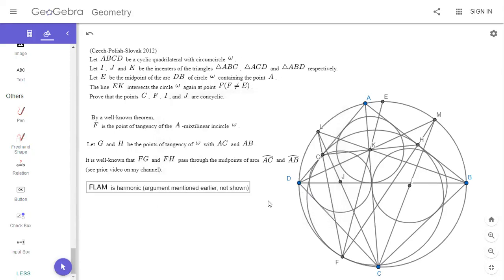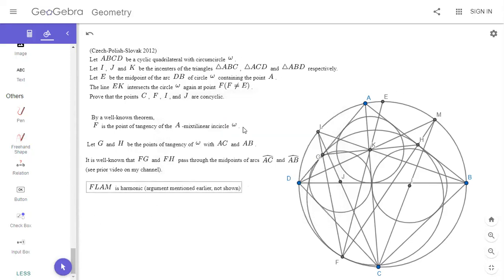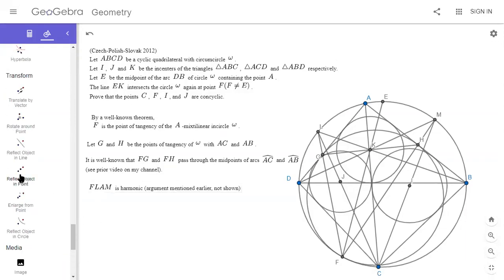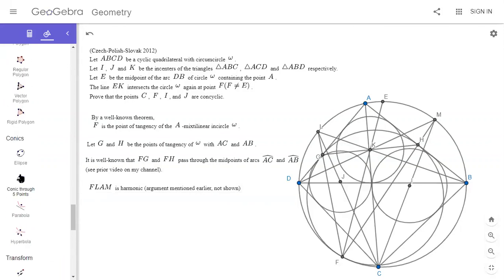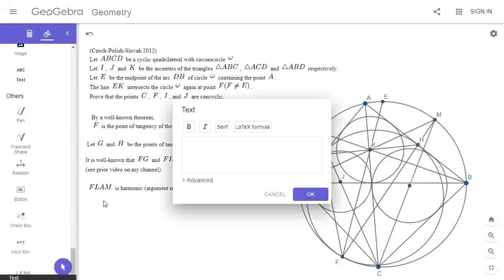So since FLAM is harmonic, yeah, so I'll have to check out IMO 1998 or IMO shortlist 1998. But basically, then from there it follows that FL over LA is equal to FM over MA.